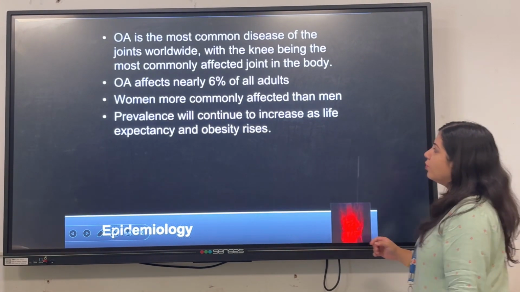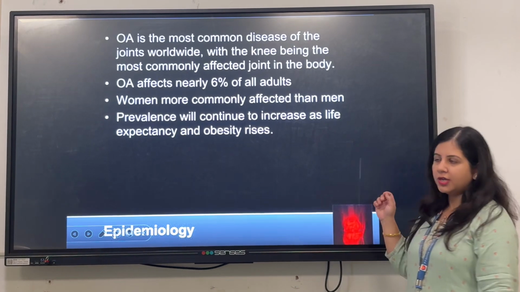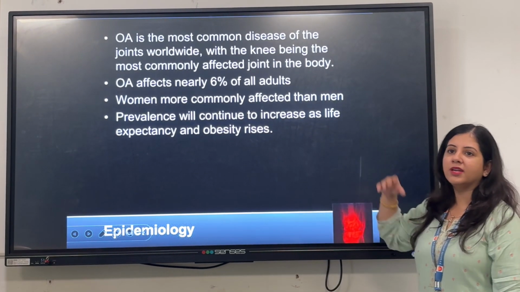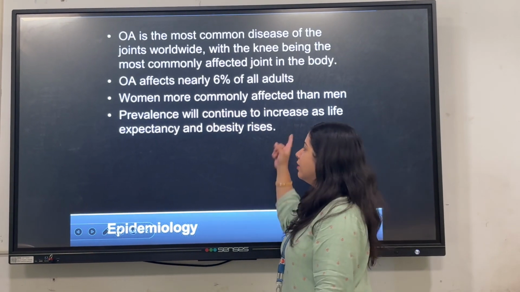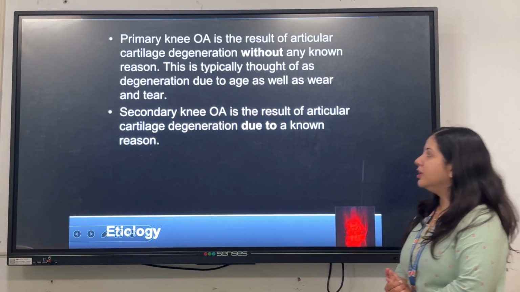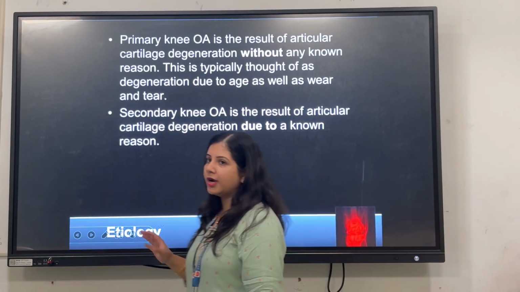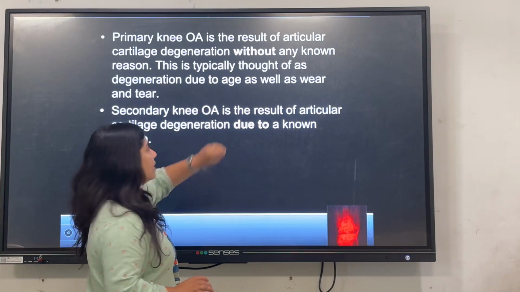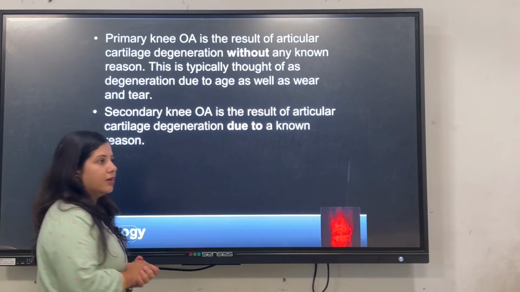Okay, so as we have seen, it is the most common, mostly in females, women are more prone, and as obesity is rising, the osteoarthritis problem is also on the rise. Now we are coming to the etiology part. There are two types of OA. First is primary and next is secondary.